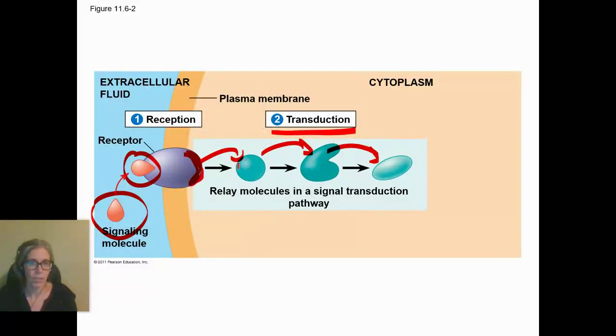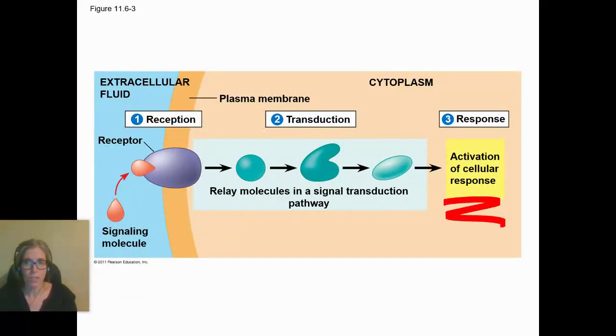Usually it becomes activated, and that change in shape, maybe it's an enzyme now, can activate another enzyme or some other molecule, which activates another, which activates another. So these arrows mean it proceeds forward or the next thing is activated. Sometimes we'll call these relay molecules. It's sort of like a relay race where you hand off a baton. The first guy has to do something, and then the next one, and then the next one. And then finally we get some kind of cellular response.